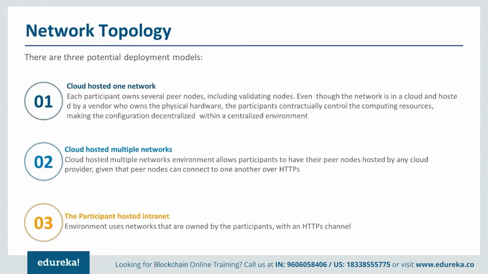It can be hosted on any kind of hardware or network. You can have it hosted on a cloud, or hosted across multiple cloud networks. As long as those nodes are connected with each other through some mechanism, as long as you can ping one node from another node, they can be part of different cloud-based networks as well.